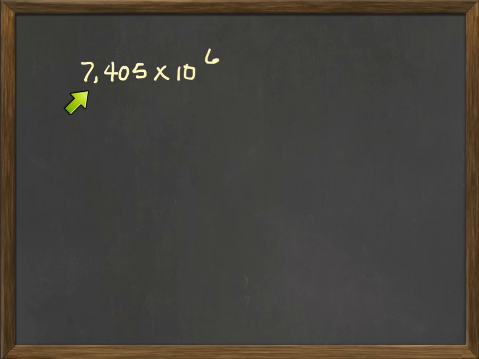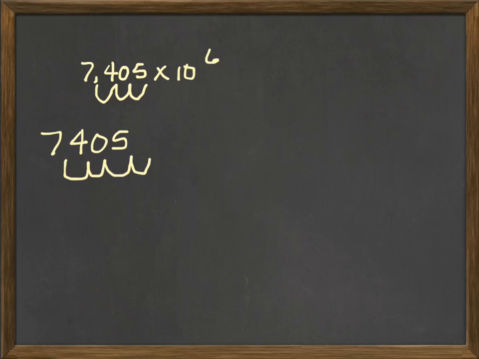Positive 6 means this is a big number, so I'm going to move the decimal point to the right to make that a big number. So I'm going to go 1, 2, 3, and this is getting all messy. So what I'm going to do is I'm going to go like this. So I'm starting here, 1, 2, 3, 4, 5, 6. That's where my decimal point should be. So then I'm going to fill zeros in to hold the place. And that number is equal to 7,405,000.